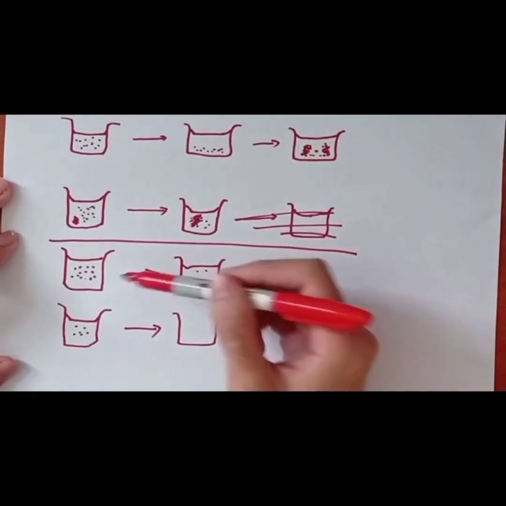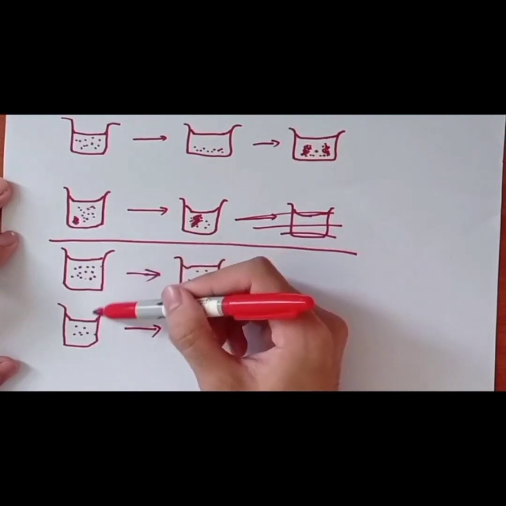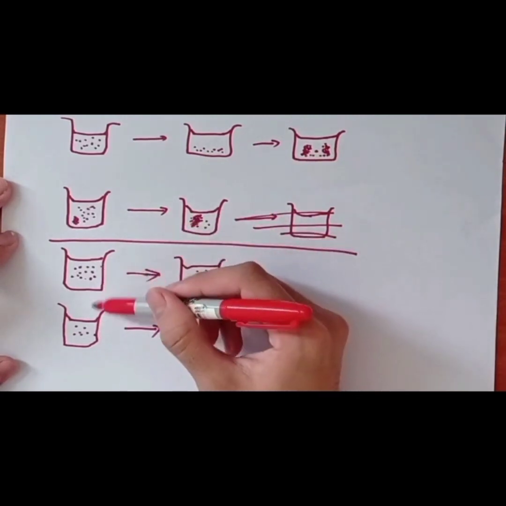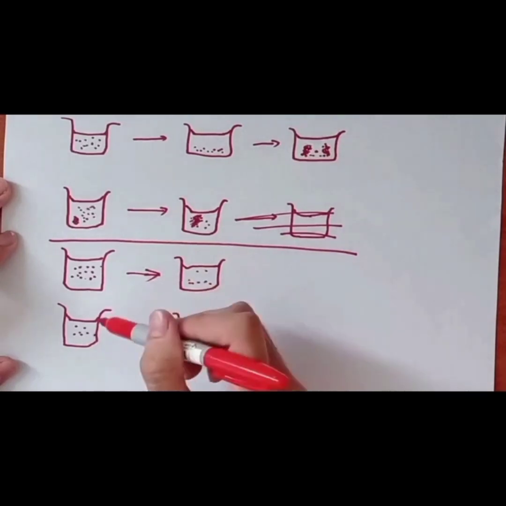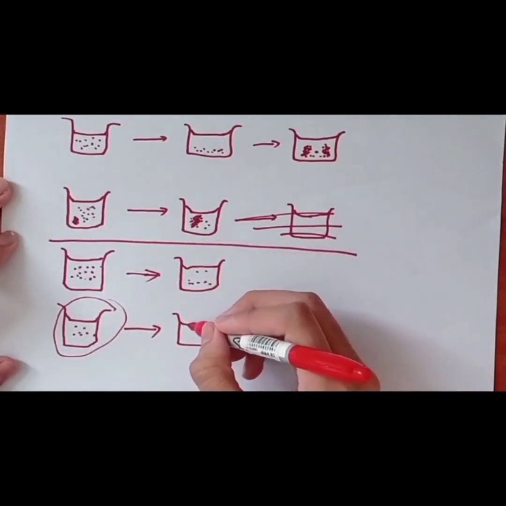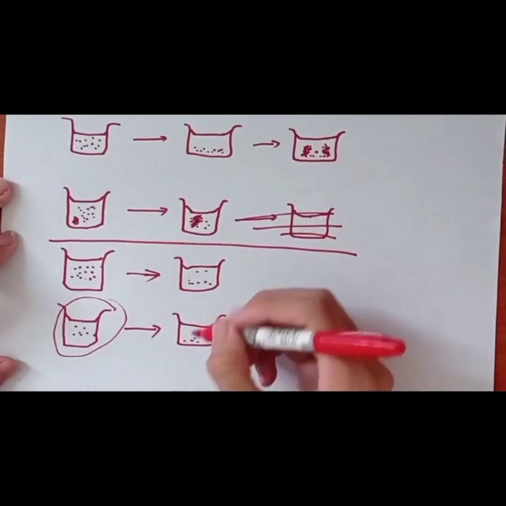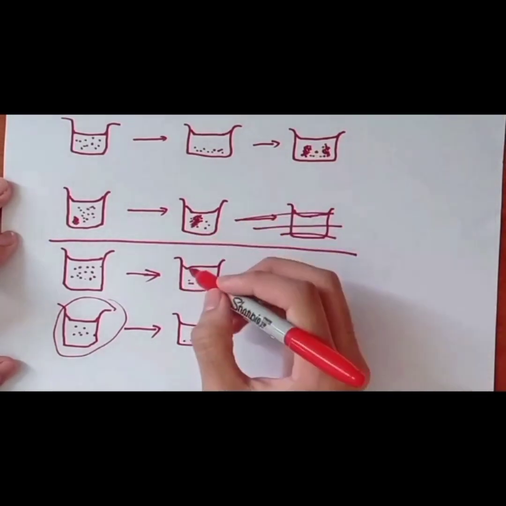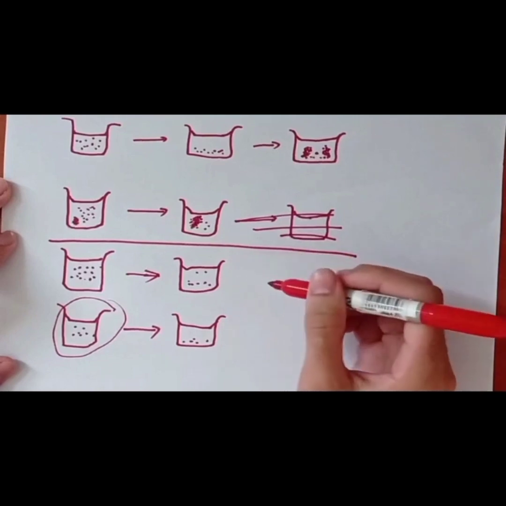Now let's consider two sugar solutions with different concentrations. The lower concentration sugar solution will tend to precipitate slower than the higher concentration sugar solution.